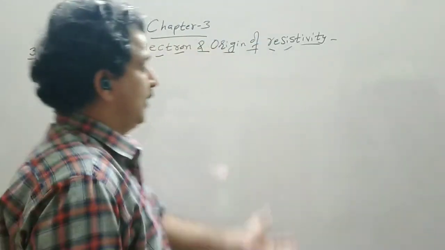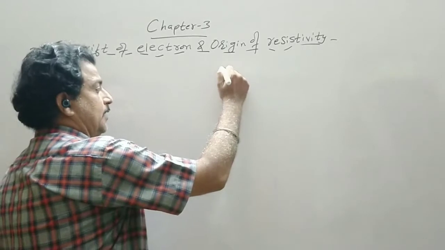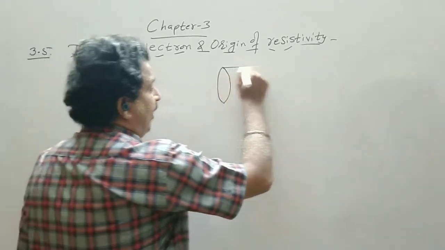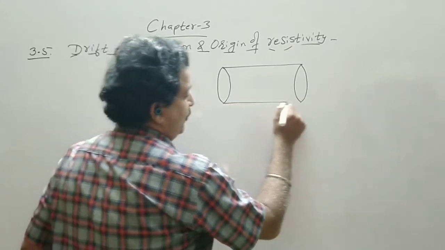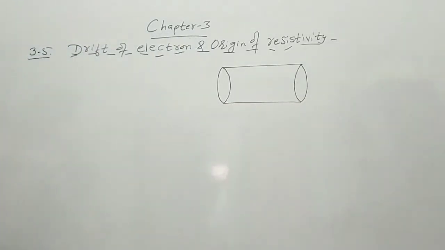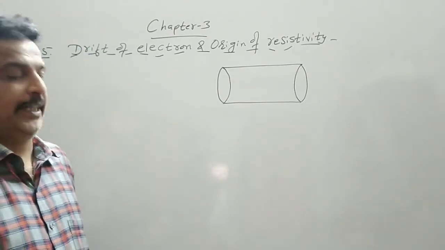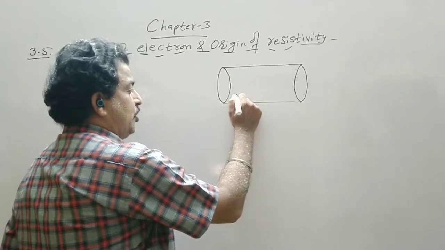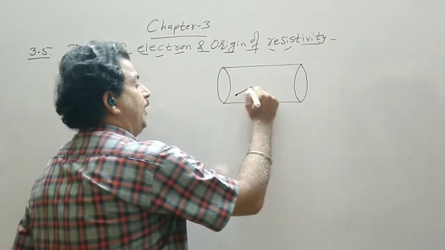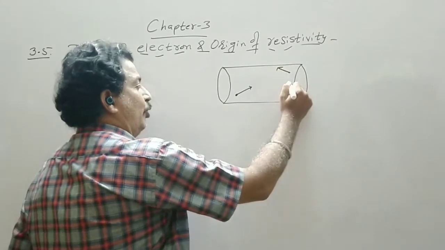So we start with the same concept. Let us consider a situation where the electric field is zero, or this conductor is not connected with a cell or battery. In this situation, this dot indicates the electrons which are in random motion.